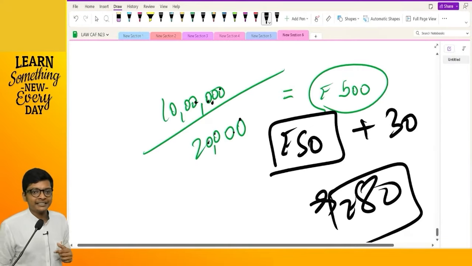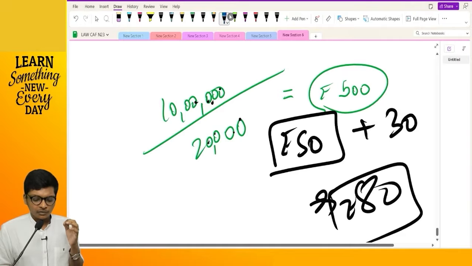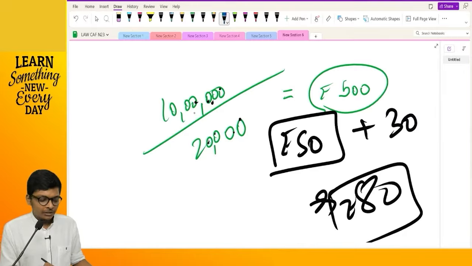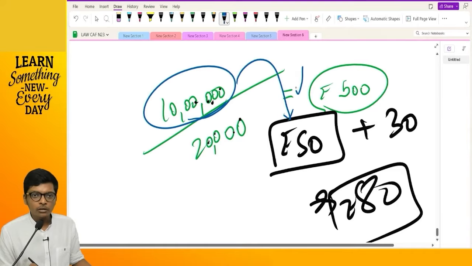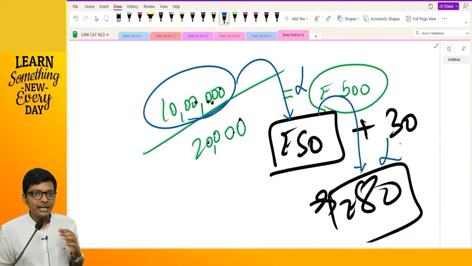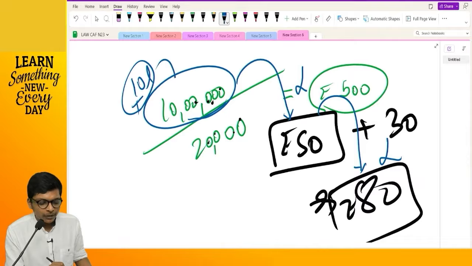Are you following, guys? Follow very carefully. If this goes wrong, cost also will be wrong, then selling price also will be wrong. For example, assume rent expense 10 lakhs. I forgot to add rent over here.